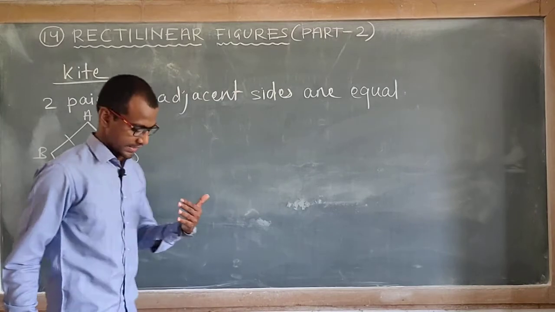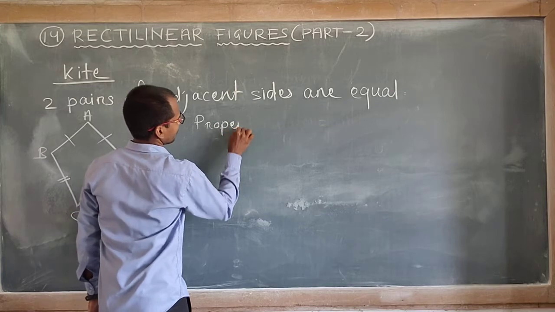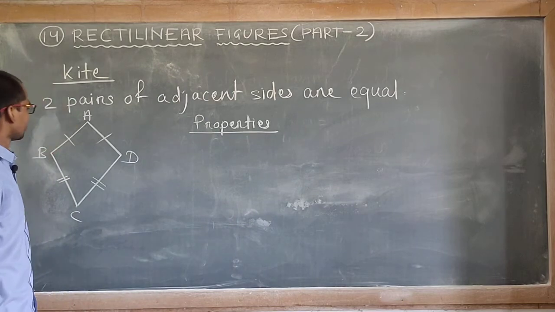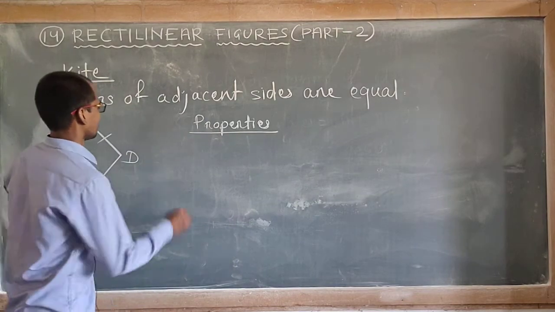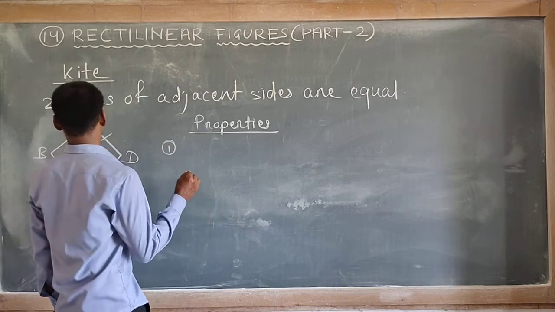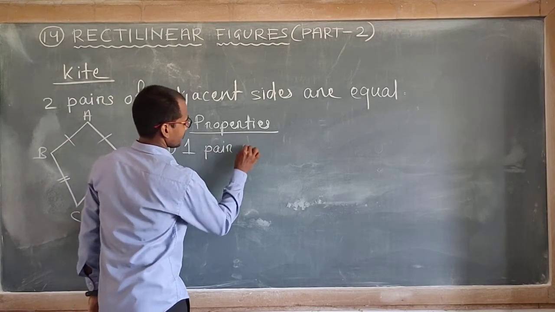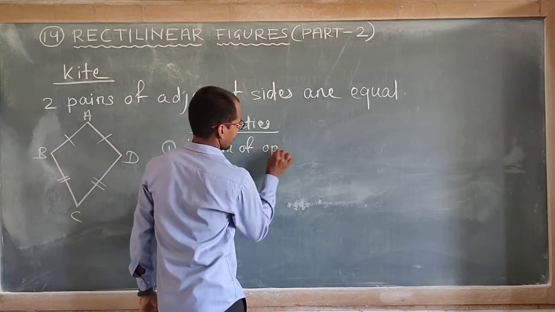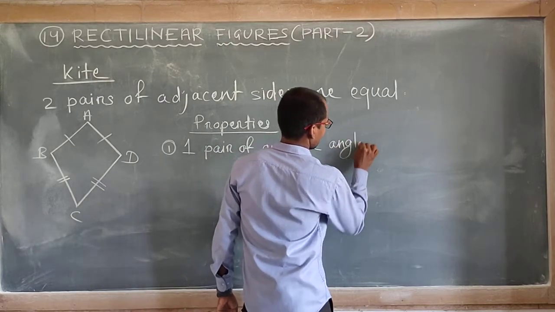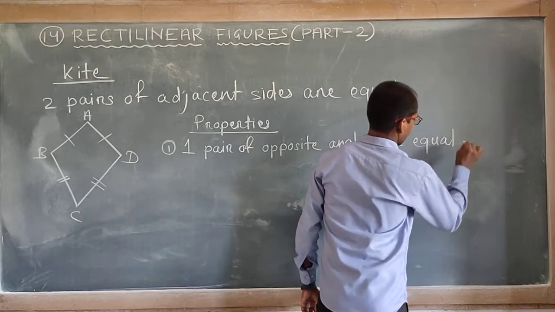Now let us move to properties. Number one, one pair of opposite angles are equal.